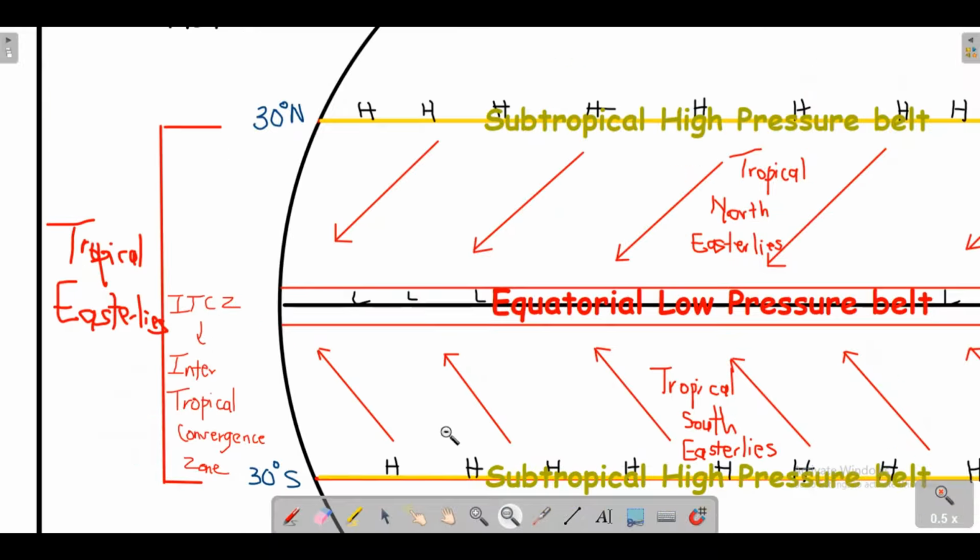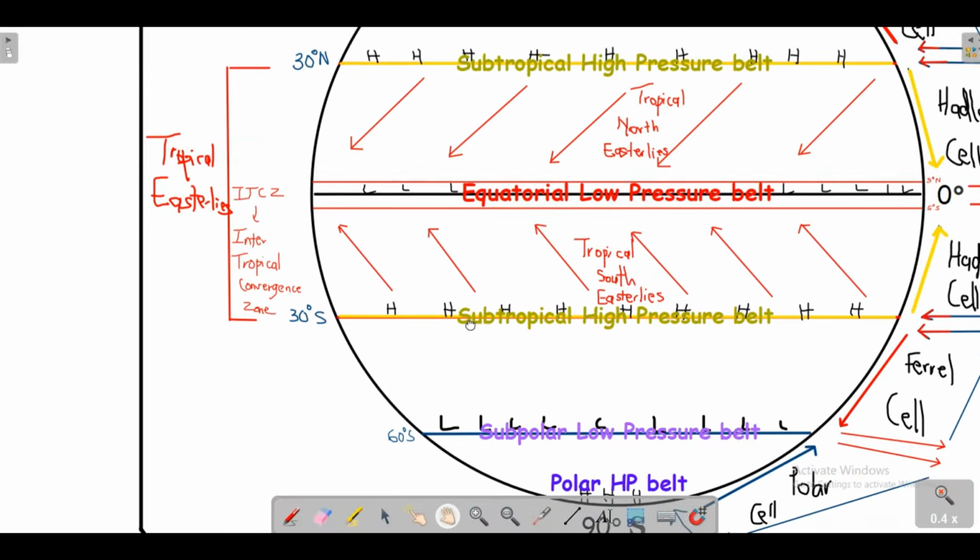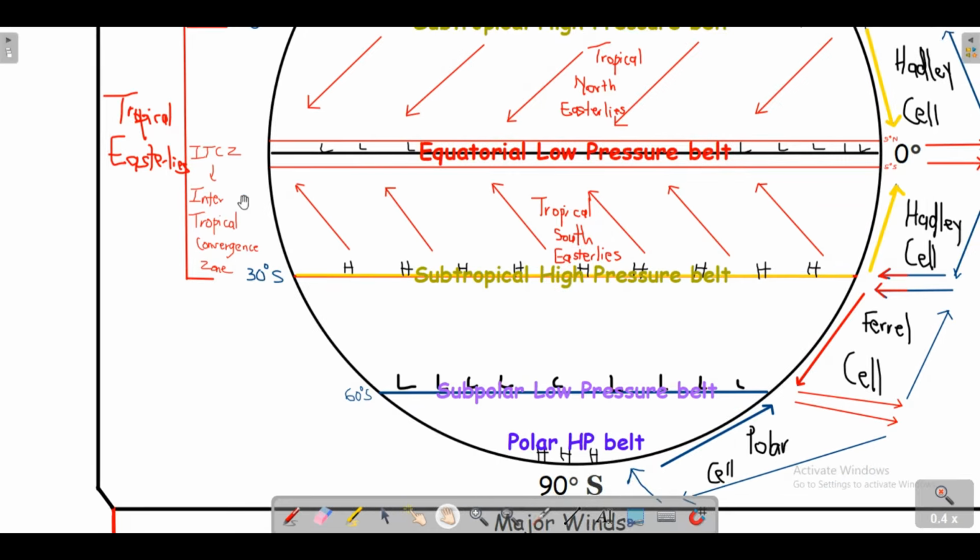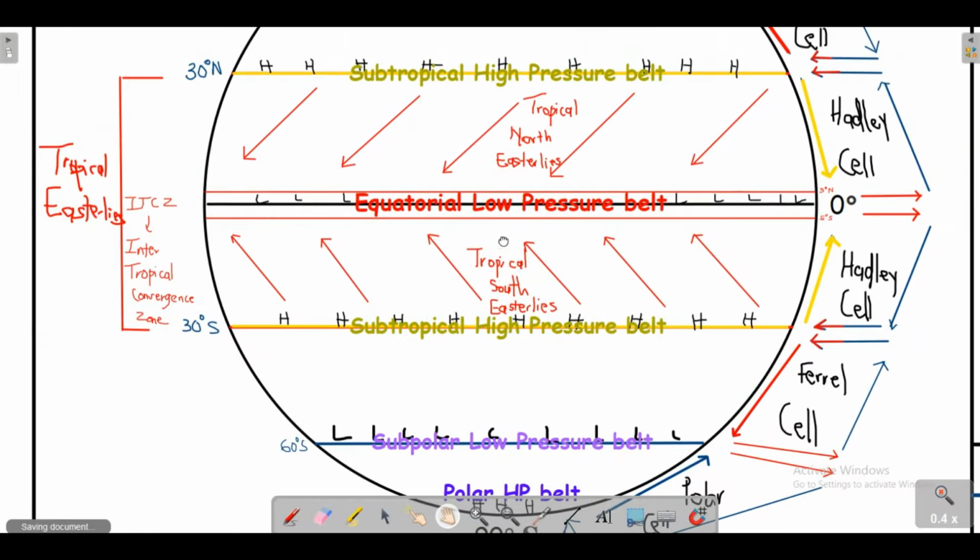It's an imaginary line, but we'll talk more about this in grade 12. So the intertropical convergence zone is where tropical easterlies converge. This is where they meet. They meet up, they rise up, they form rainfall, they diverge in the upper atmosphere, and so on.